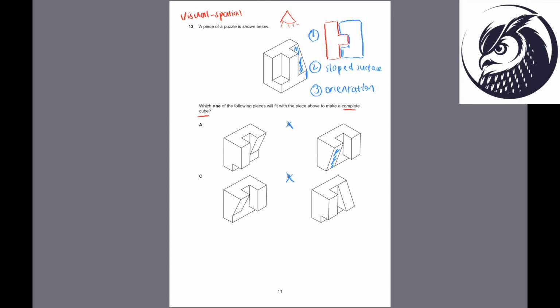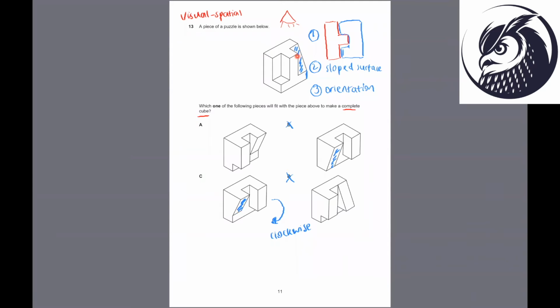So if you have a look at our answer option C here, if we rotated this clockwise, then this sloped surface here, after you rotate it clockwise, would match perfectly with the sloped surface here, right?